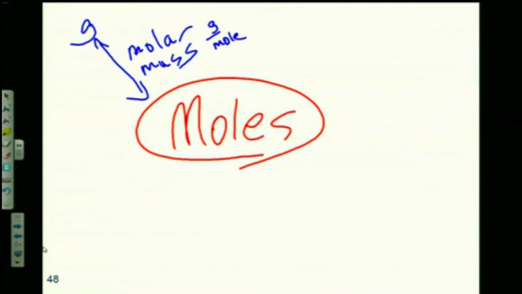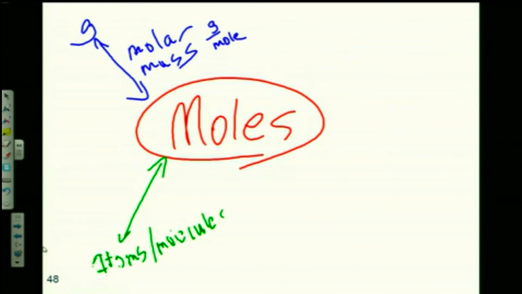Where else can we go from moles? We can go to atoms or molecules. And how do we get to atoms or molecules? What is Avogadro's number? 6.02 times 10 to the 23rd. Now, can I go from atoms to grams?